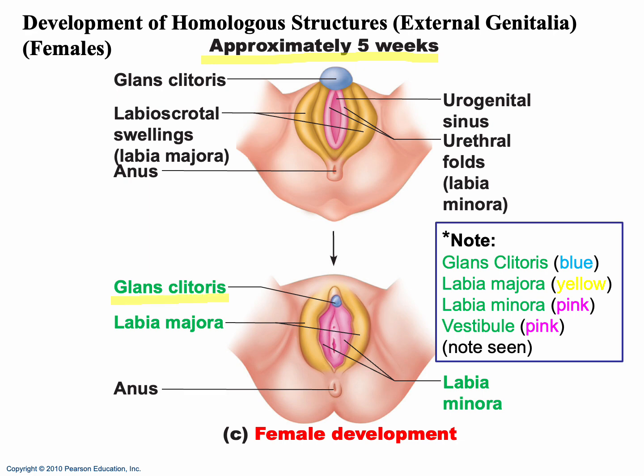So the clitoris there in the blue, the labia majora in the yellow, and the labia minora in the pink. And again, the vestibule, we can't exactly see that per se. It's not signaled here, but it would be this opening here, this regional area that contains, again, the opening of the vagina and the opening of the urethral orifice for urination purposes.